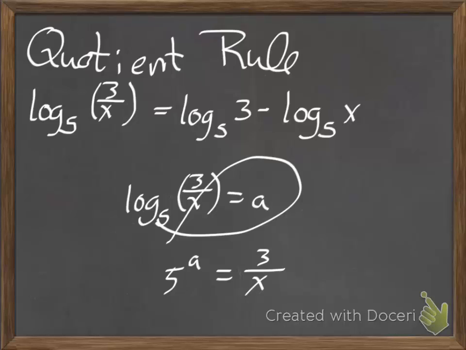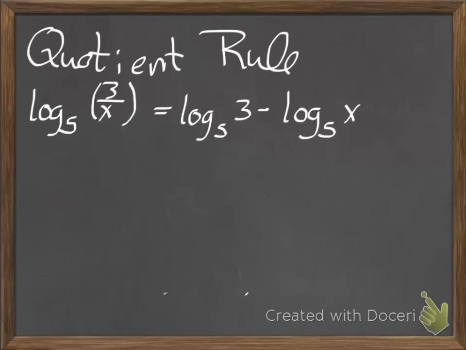So that's me raising 5 to some power and coming up with 3 over x. It's not going to happen. I just chose numbers that will be easy to distinguish where they are, not for the purposes of actually solving it. There is a way to solve this, but we're not getting there today. Today we're practicing just expanding and condensing and learning the rules. Next week we'll be solving.